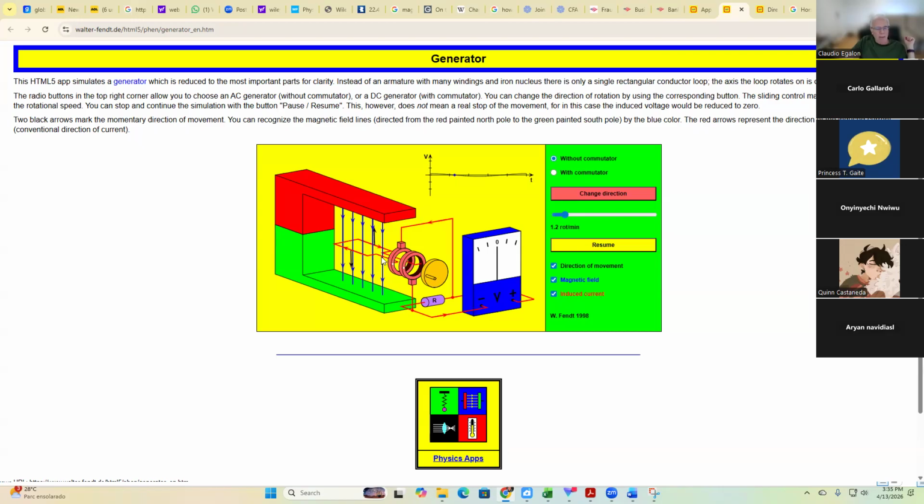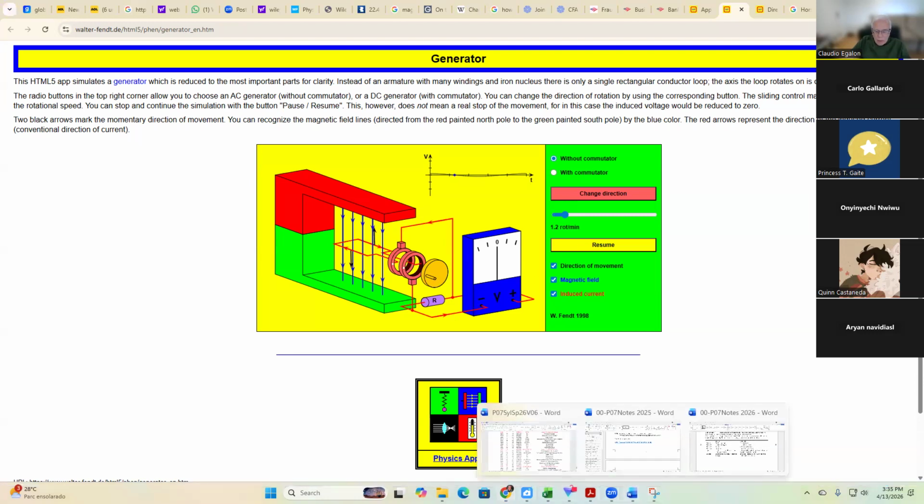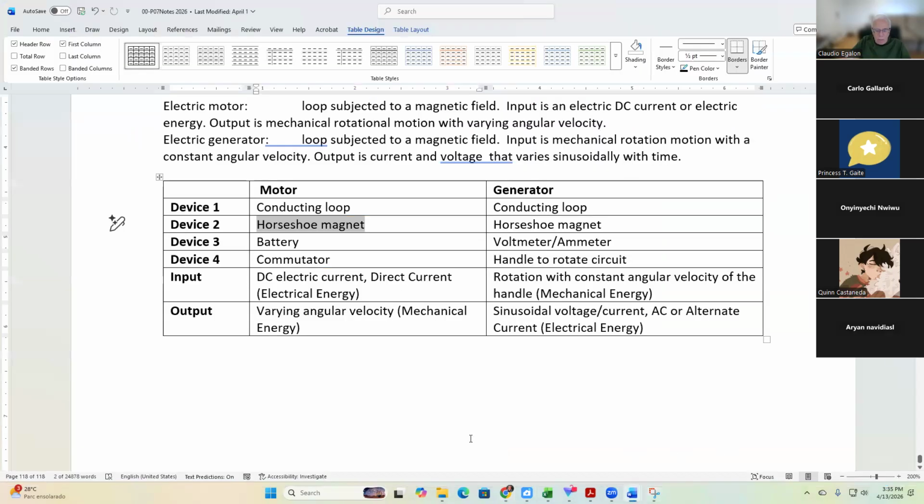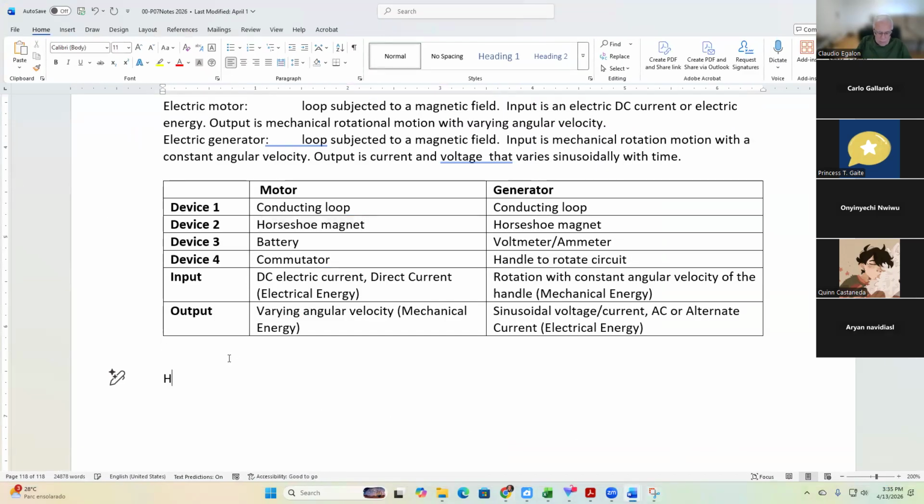At this very moment, the magnetic flux is maximum. Okay, I'm going to copy this here. How the electric generator works.